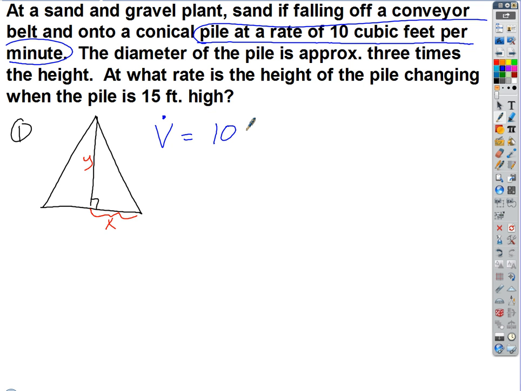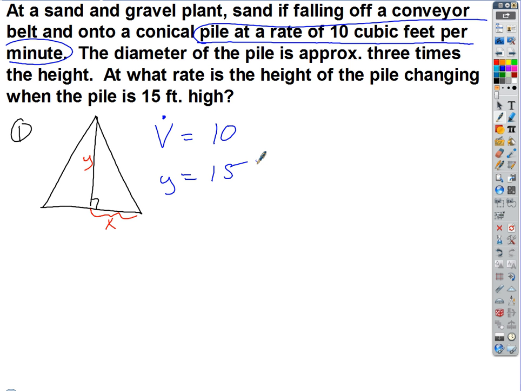So that was positive 10. As long as we're consistent with the units, we don't even have to include them because it makes it look messy. And we also know y equals 15 in our units.